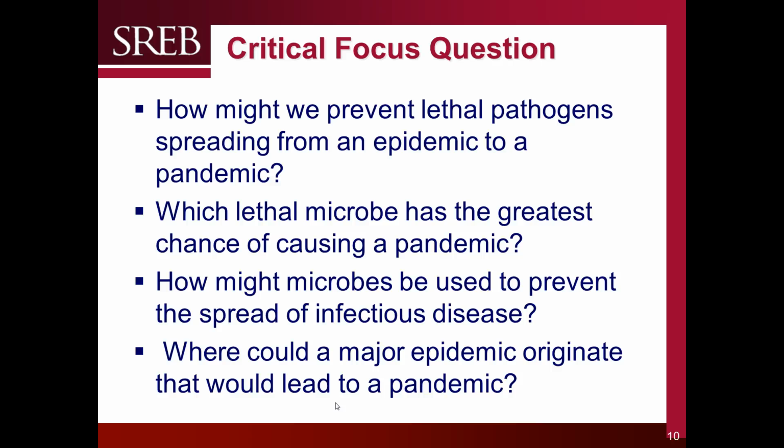Different types of plagues, and look at how they originated and how they spread and how they were eventually eradicated. So the critical focus question really leads you in a direction and actually helps you decide what type of text you would select later in the process as you start creating that teaching task.